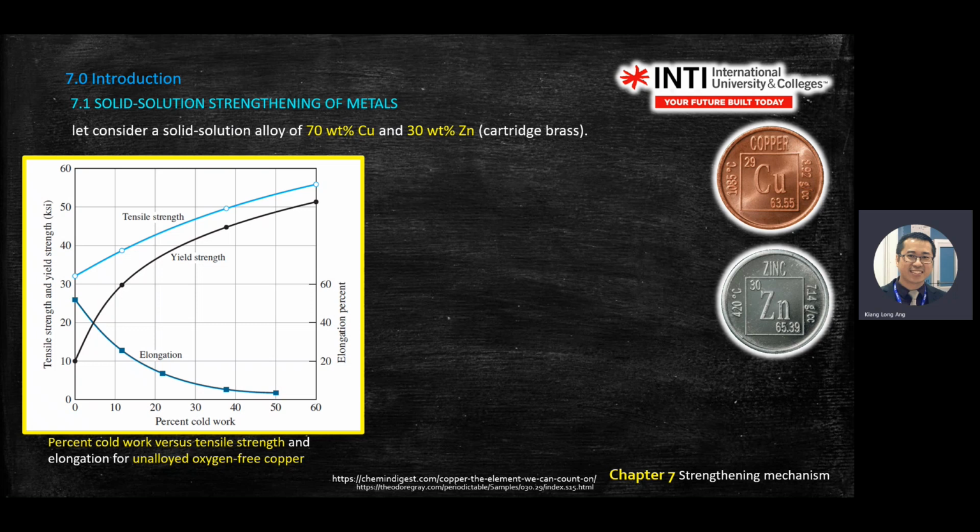On the three lines here, only the lowest, the dark blue one, refers to the right-hand side of the y-axis. The other two refer to the left-hand side, because the left-hand axis is tensile strength and yield strength. So you refer to these two lines on the left-hand side. Don't read the wrong one.